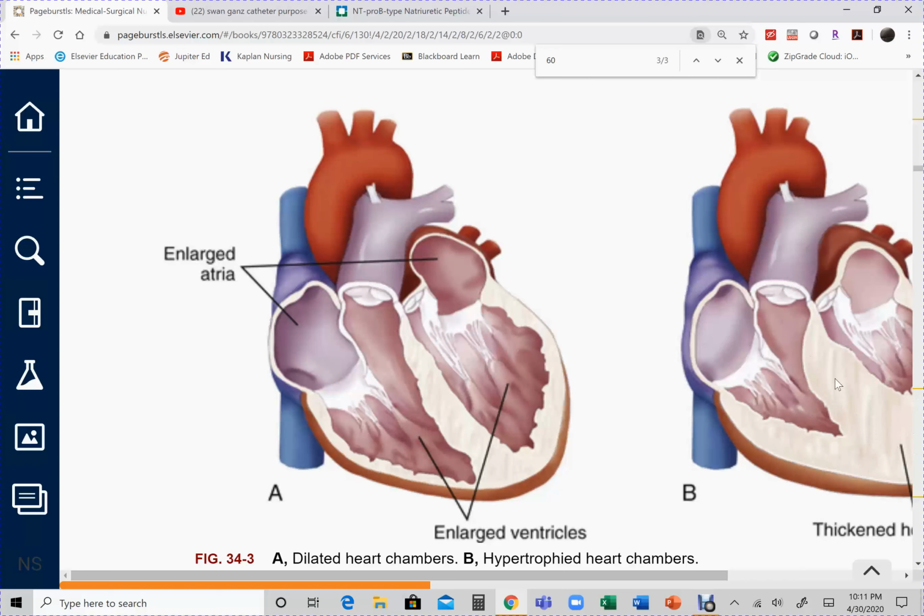Dilation means there will be increased preload, therefore it will stretch the heart, and we learned in chapter 31 that according to Starling's law, the more you stretch the heart, the greater the resulting contraction, correct?